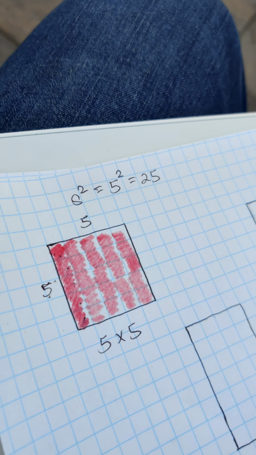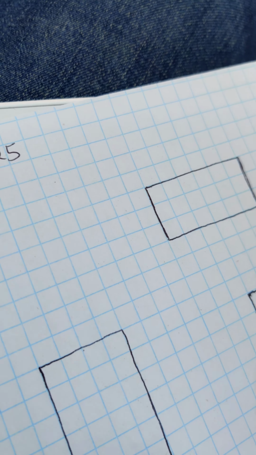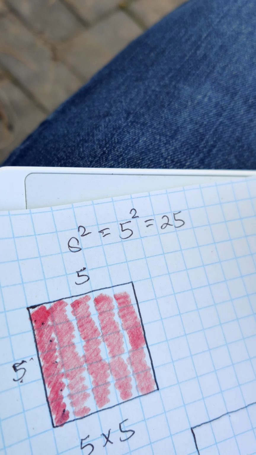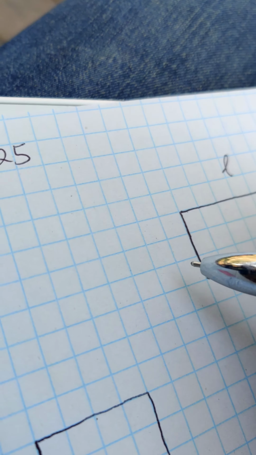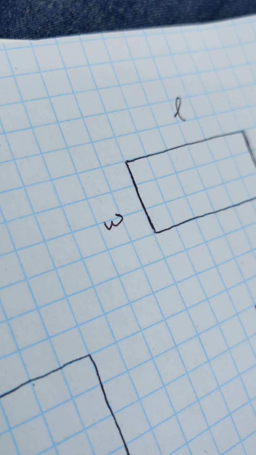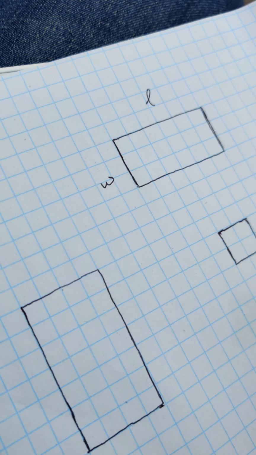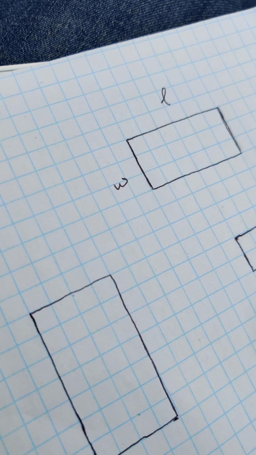All right, moving on to a rectangle. So rectangle, we have a length. That's a cursive L over here. And we have a width. We have a length and we have a width. Our formula, just to get straight to it so we know how to use it, is whatever the length is.